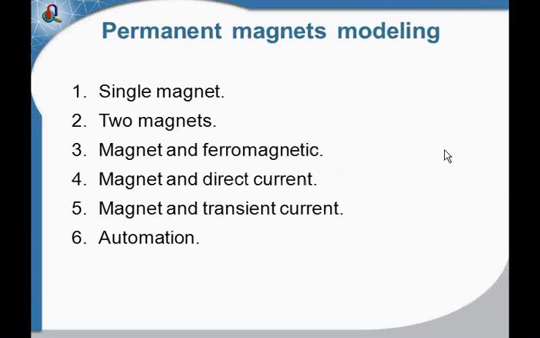Today I'm going to offer you six problems. First problem is a single magnet problem. It's the easiest one. Second problem is a two magnets interaction problem. Third problem is about the magnet and ferromagnetic interaction.